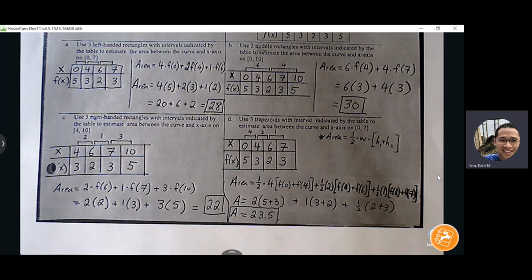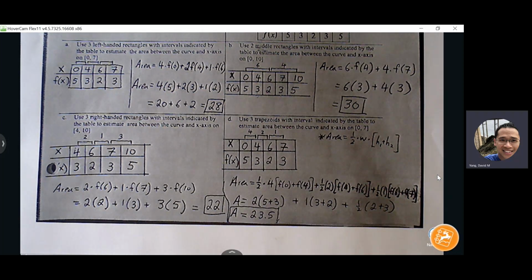Another common issue that I see with trapezoids is, especially if your intervals span across multiple ordered pairs, every trapezoid is only going to pick up 2 heights. Okay? Even if you see a bunch of heights in between, you're only going to use the ones at the ends. Right? So I see some students add all the heights that they see in front of them because they feel like they have to involve those ordered pairs that got skipped over.